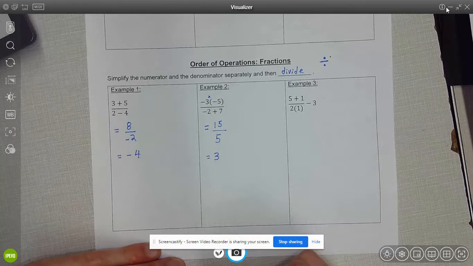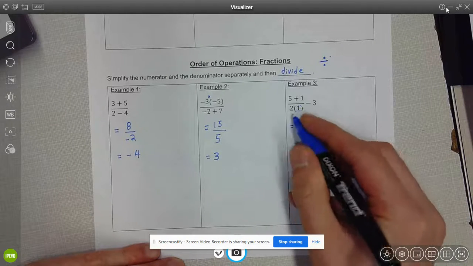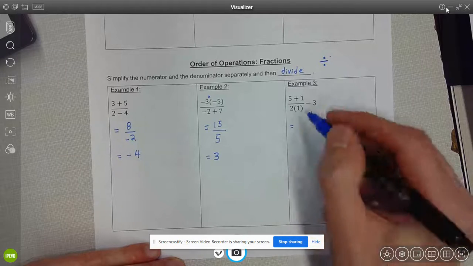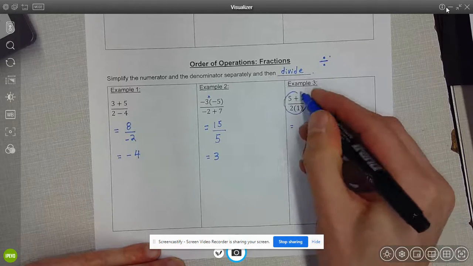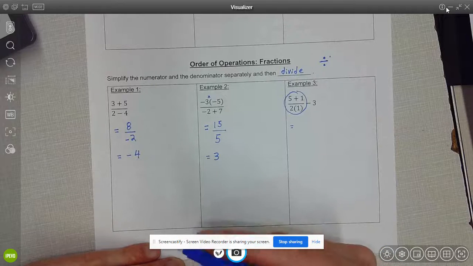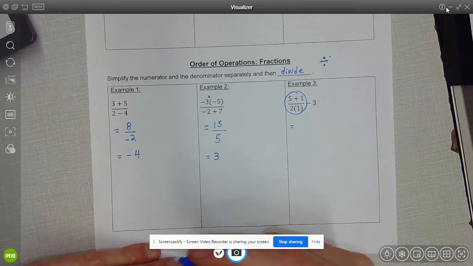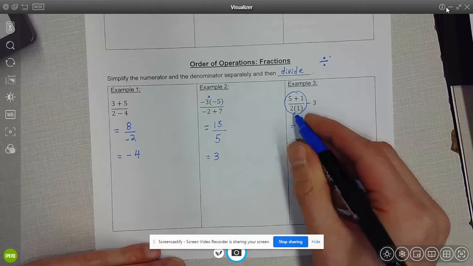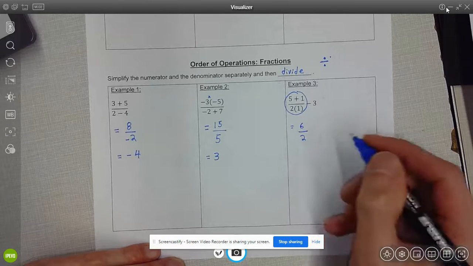Last one's a little bit more complicated. I've got a fraction, and then I've got this kind of negative or take away 3 at the end. I'm still going to try to do the fraction first. I want to reduce my fraction always to one number, and then I can continue with the problem. So let's do that in a couple steps. 5 plus 1 is 6. 2 times 1 is 2. And I still have subtract 3.